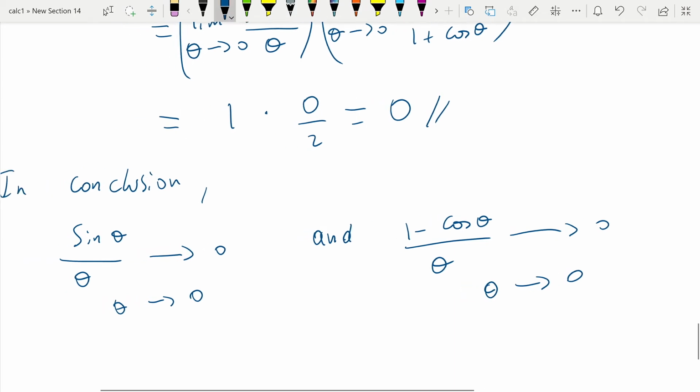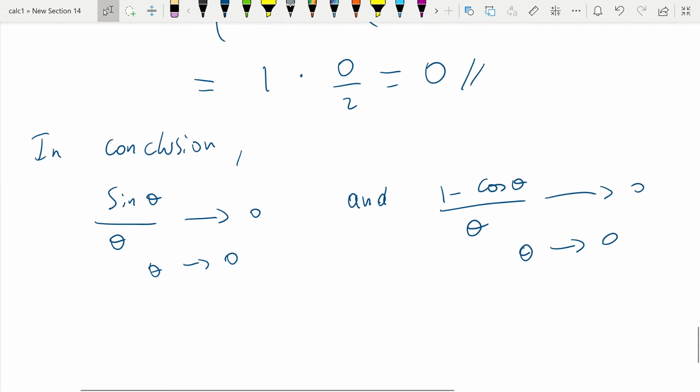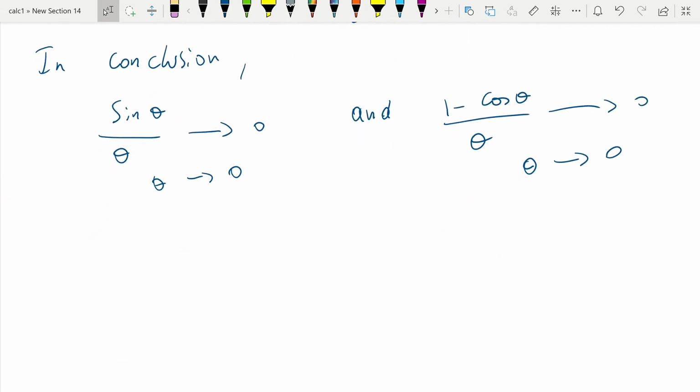This is what we've just shown, and this is all thanks to the squeeze theorem and the inequality that we're going to prove next.